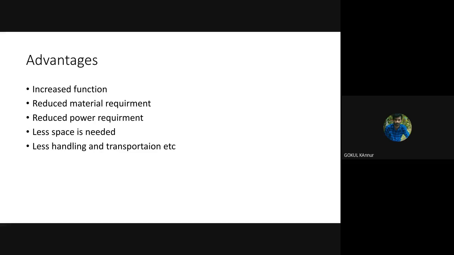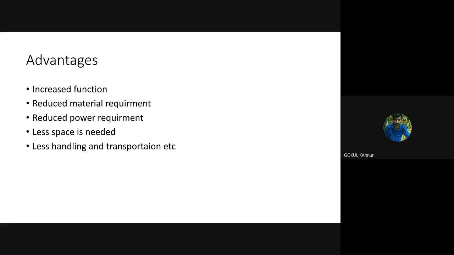Third one, reduced power requirement. Due to miniaturization, we need only a small amount of material, and also the size is small. When the size is small, the whole system is smaller. So to have any movement or to actuate anything, we need less power. So the reduced power requirement.